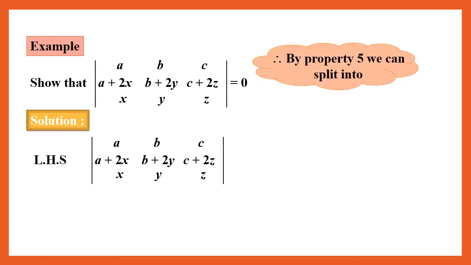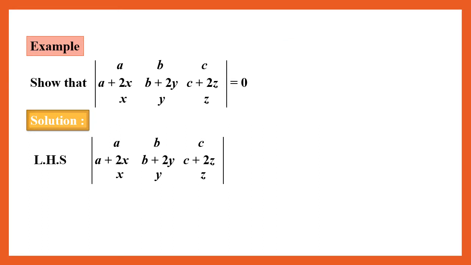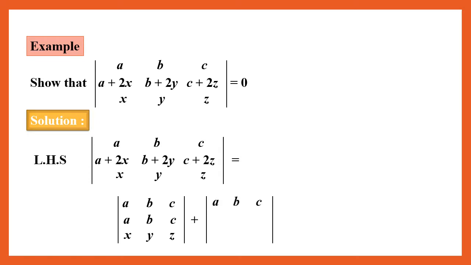So we can split the entire determinant as sum of two determinants, that is a, b, c, then the first elements of the second row, a, b, c and x, y, z, plus a, b, c and the second elements of the second row, that is 2x, 2y and 2z and x, y, z.